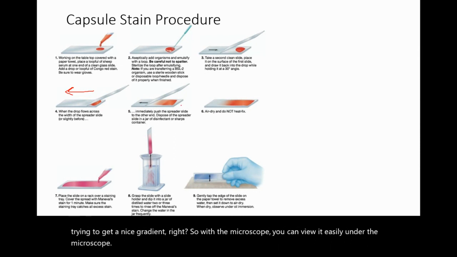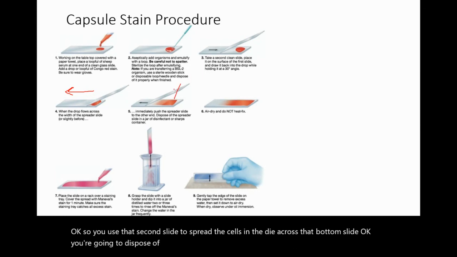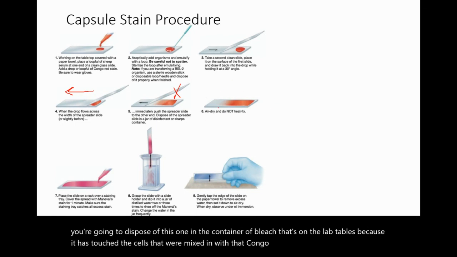You use that second slide to spread the cells in the dye across that bottom slide. You're going to dispose of the second slide in the container of bleach on the lab tables because it has touched the cells that were mixed in with that Congo red. And now you're going to let this air dry.